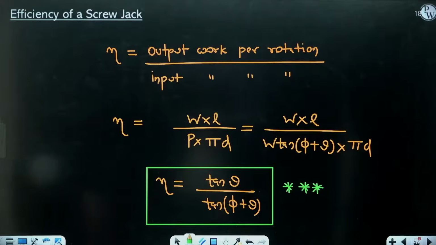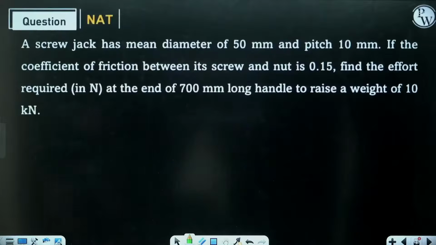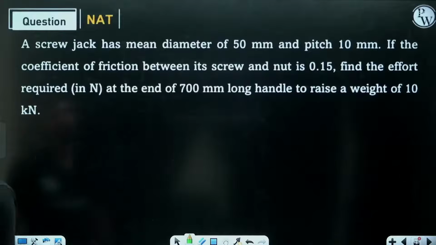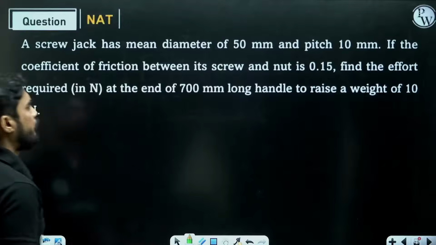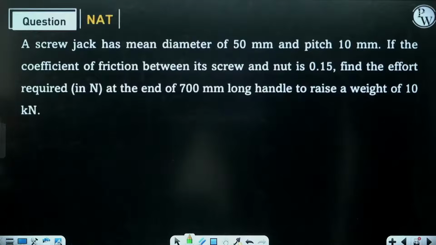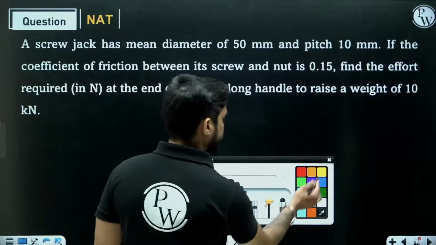Okay, let's solve a problem here. A screw jack has mean diameter of 50 mm and pitch 10 mm. If coefficient of friction is 0.15, find the effort at the end of a 700 mm long handle to raise a weight of 10 kilonewton. So here what is given?